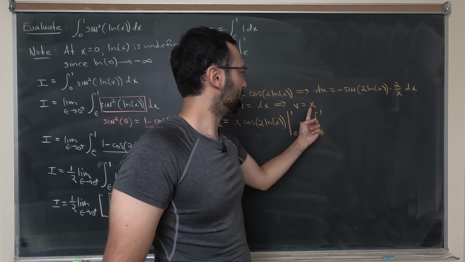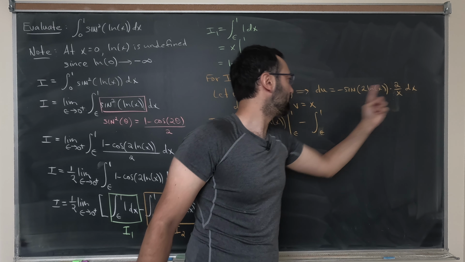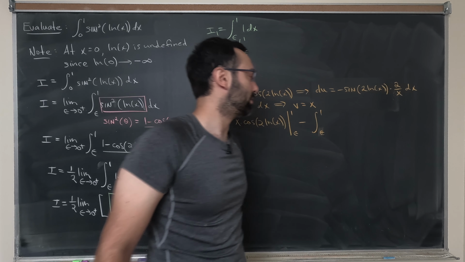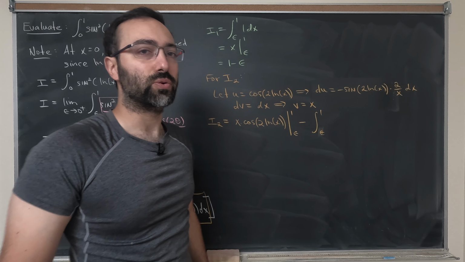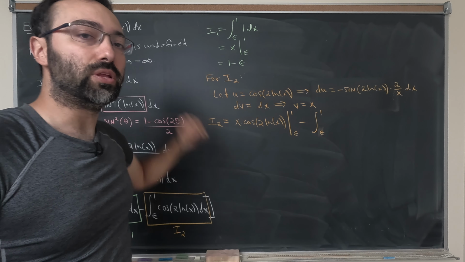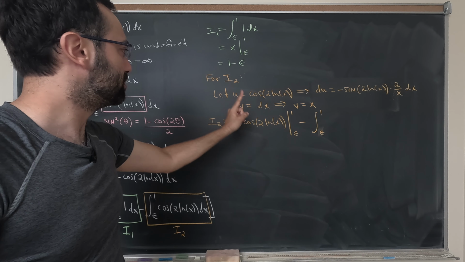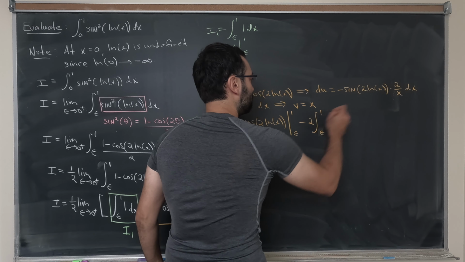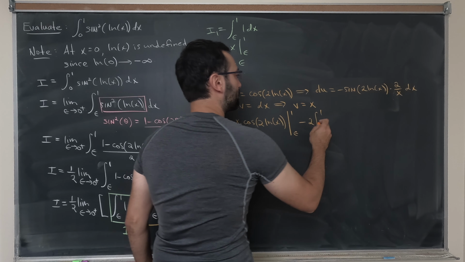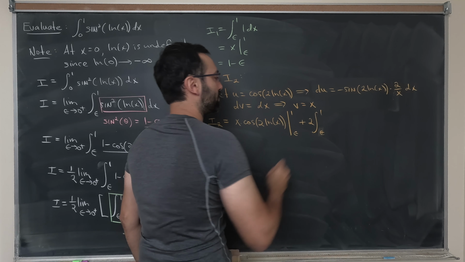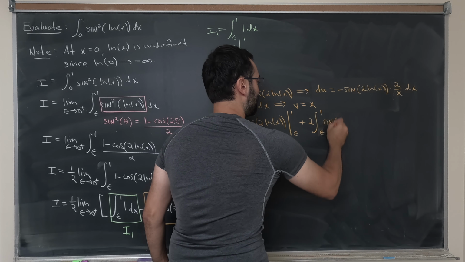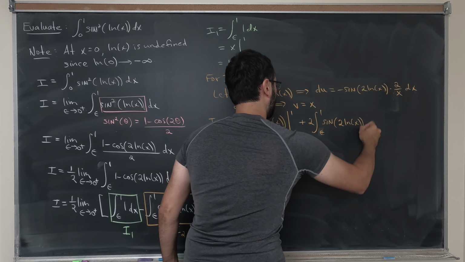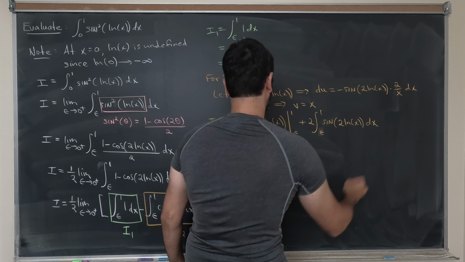When we multiply this and this, we have an x up here and down here canceling out. And that's okay because we're not including 0 in our bounds. We're only approaching 0 from the right. So we're left with 2 times, that'll be pulled out, this negative sine of 2 ln of x dx.